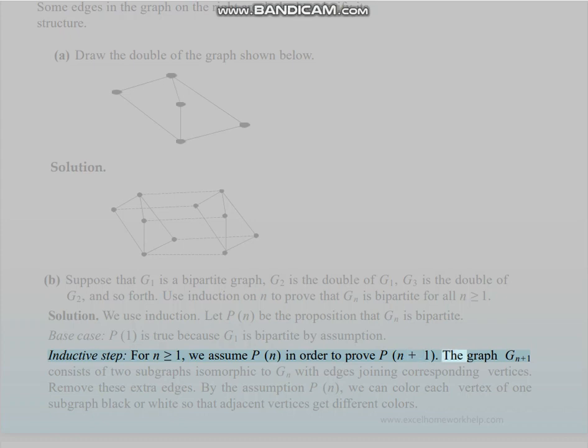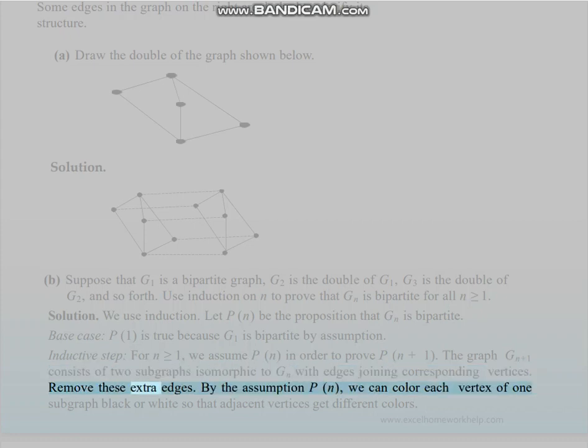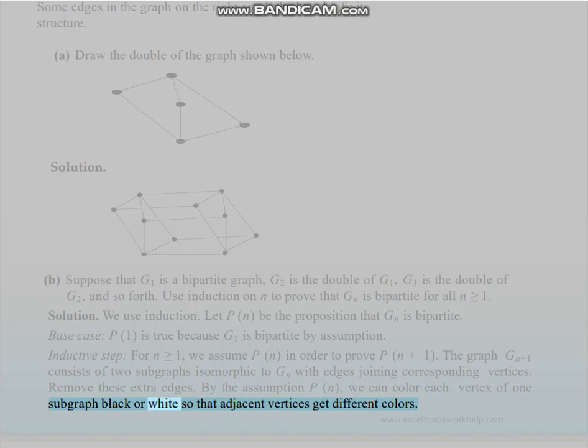Inductive step: for n greater than or equal to 1, we assume P(n) in order to prove P(n+1). The graph G_{n+1} consists of two subgraphs isomorphic to G_n with edges joining corresponding vertices. Remove these extra edges. By the assumption P(n), we can color each vertex of one subgraph black or white so that adjacent vertices get different colors.